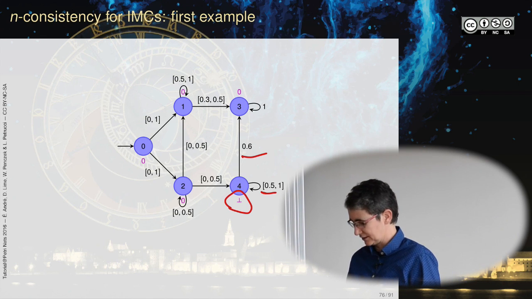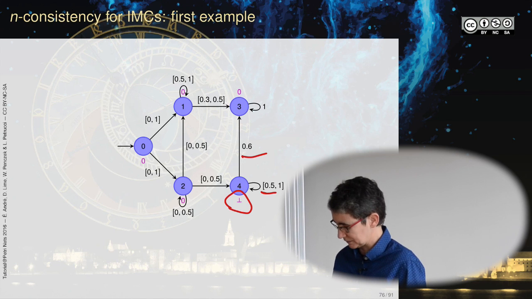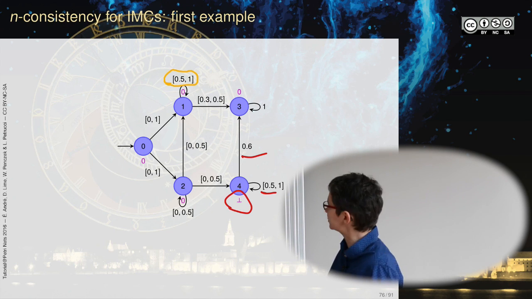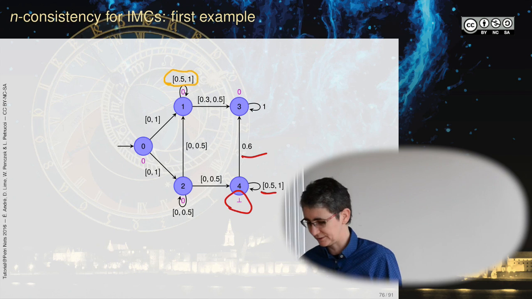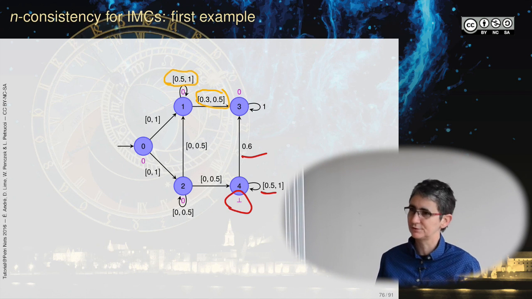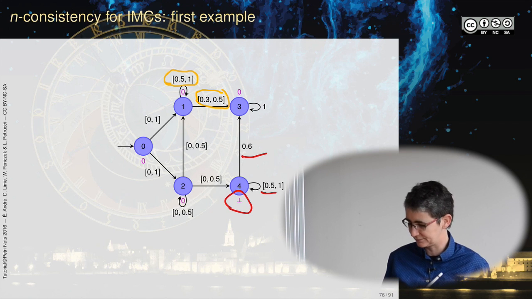Now let's take another node, let's say state 1. State 1 has an outgoing probability between 0.5 and 1, and another one here between 0.3 and 0.5.